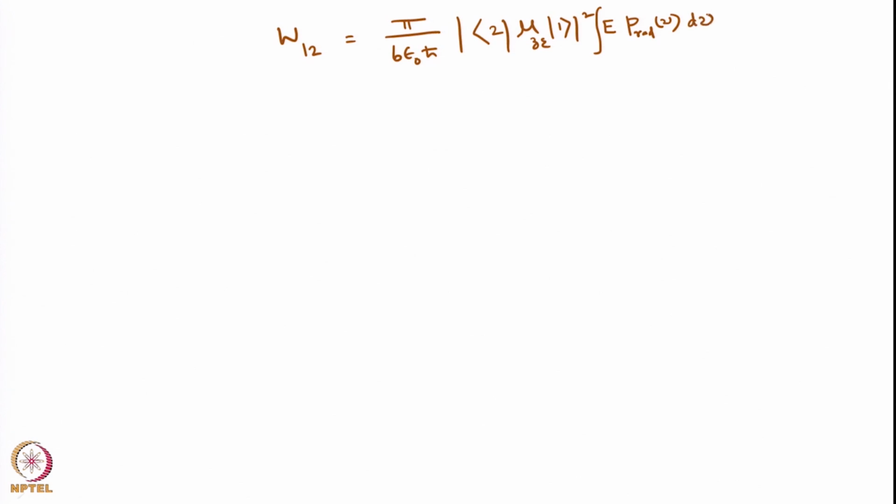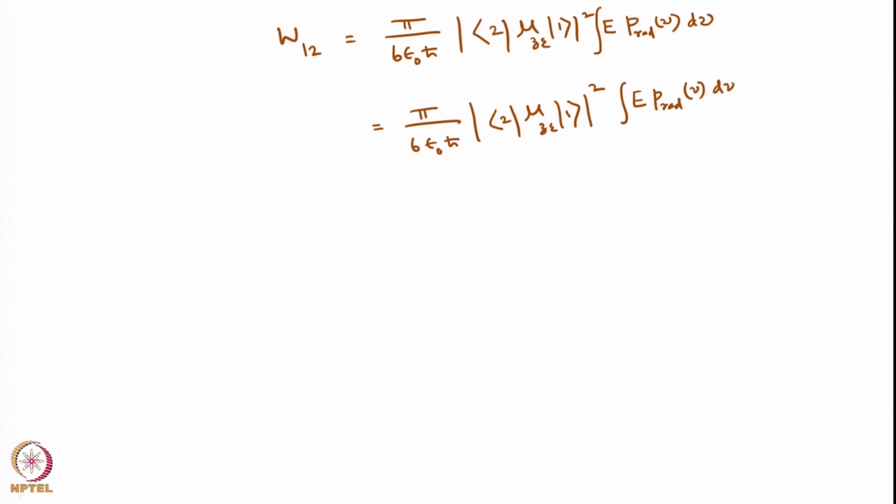So, when I integrate over the radiation, what I will get is pi by 6 epsilon naught h bar square, mu z epsilon 1 whole square, integral of rho radiation nu d nu.